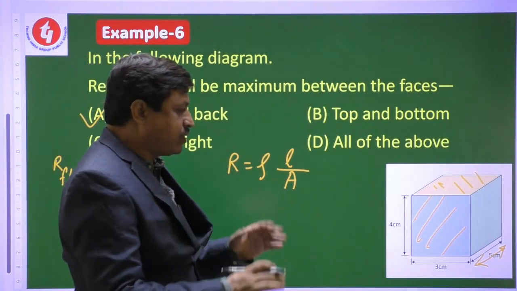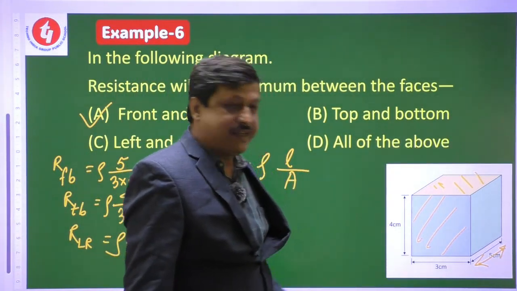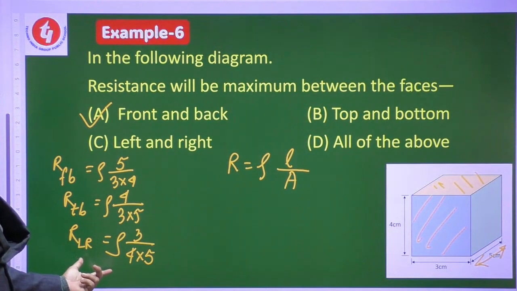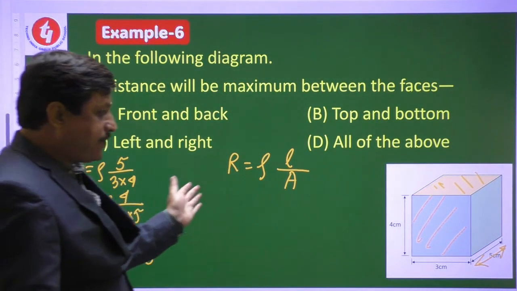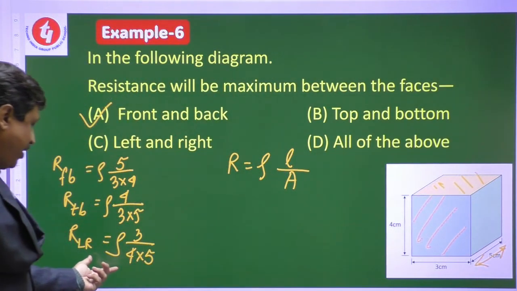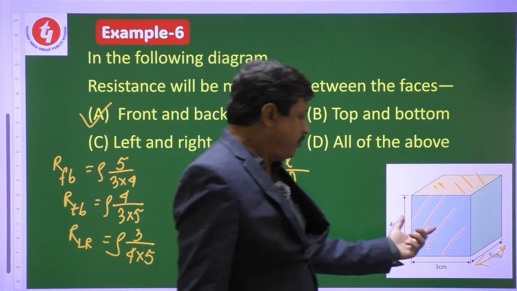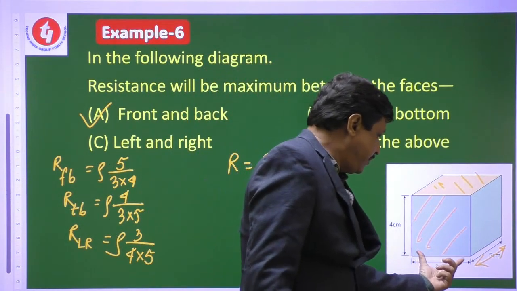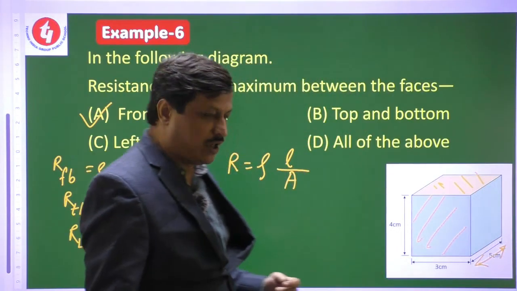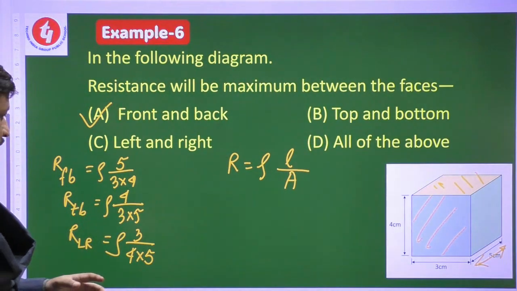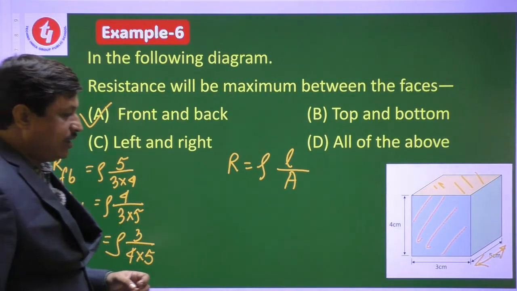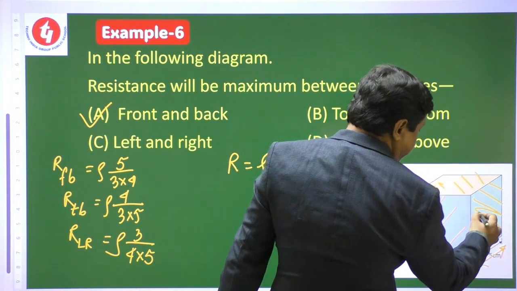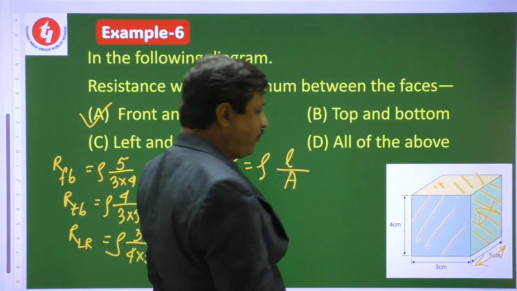Between left and right, resistance will be minimum, because the length is taken as 3 centimeter only, which is the minimum length, but the area of cross section is maximum, 4 into 5.